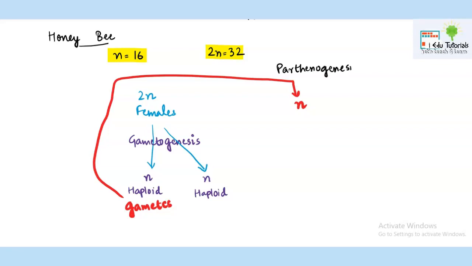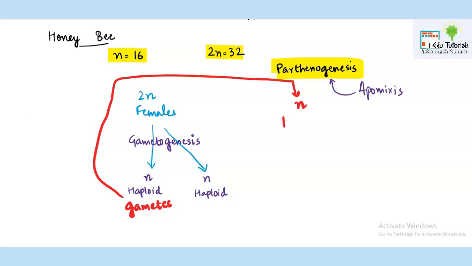So parthenogenesis is a special type of reproduction wherein the new individual is formed as a result of no fertilization. So no fertilization is going to happen and then also a new individual is forming. This is a type of reproduction which comes under the category of apomixis. Formation of a new individual without the act of fertilization is parthenogenesis.